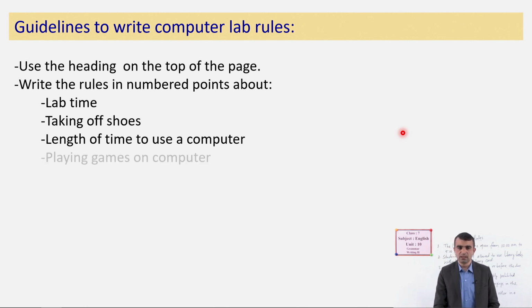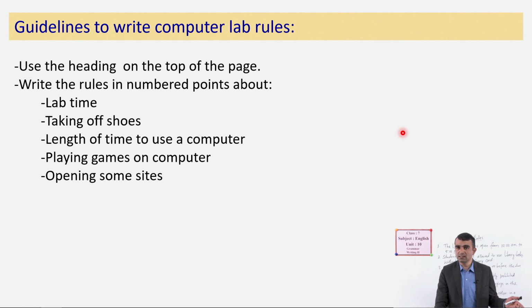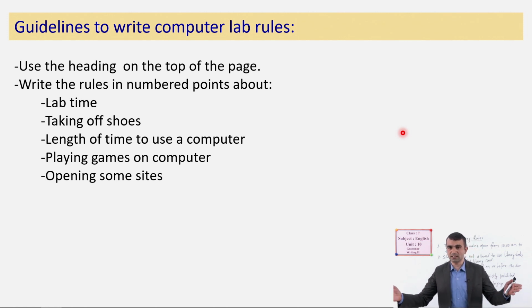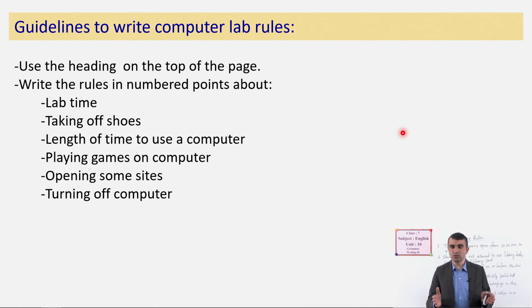Playing games on the computer, whether it is restricted, not allowed, you can write about it. Opening some sites, like Facebook, that is not allowed. What is the rule? You can write. Similarly, turning off the computer, at the end you should turn off your computer. Anyway, you can add some more points and write rules on it.